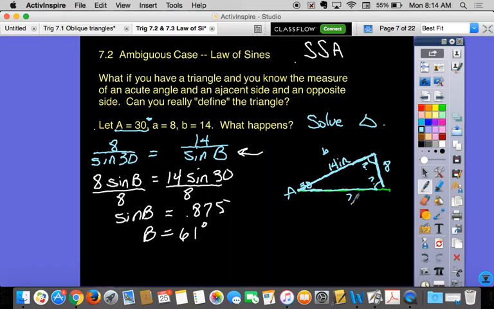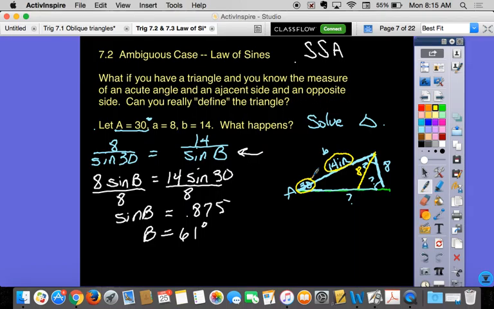So what is to prohibit this length of 8 from swinging in here? It can still have a length of 8. This 14 can still be locked in. This 30 degrees can still be locked in. Everything that's supposed to be locked can still be locked.